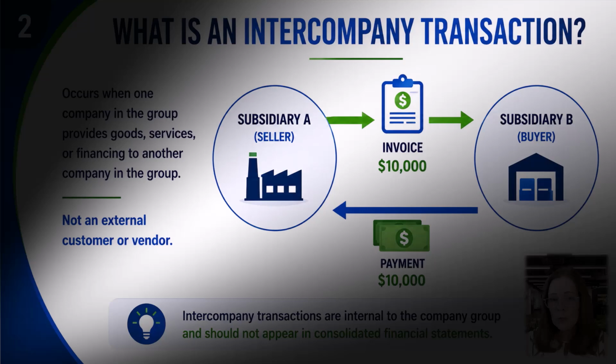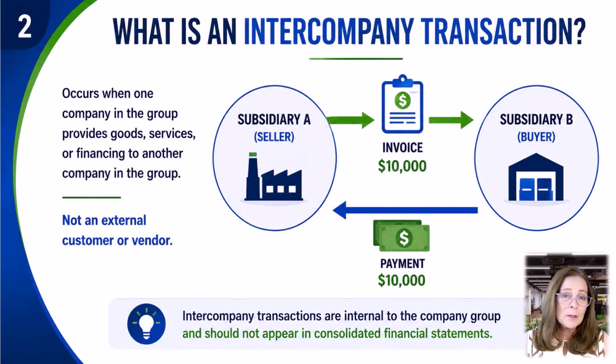Subsidiary B records the purchase and eventually pays the invoice. Although this looks very similar to a normal customer transaction, there is one important difference. Both companies belong to the same parent company. Because these are internal transactions, they should not ultimately appear in the consolidated financial statements.